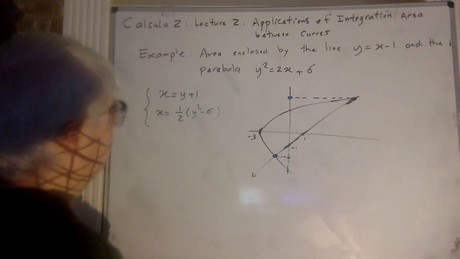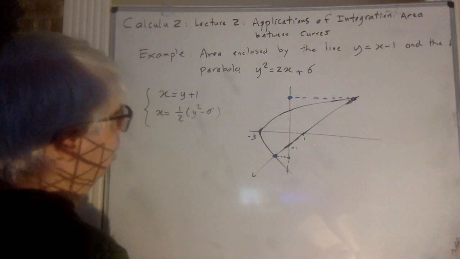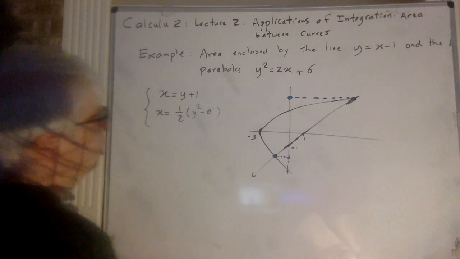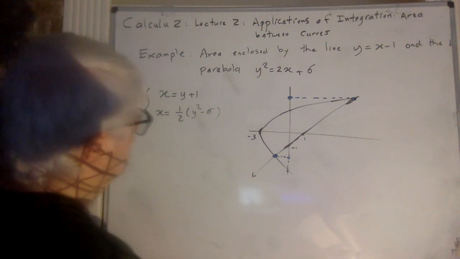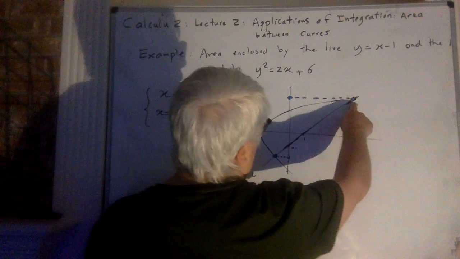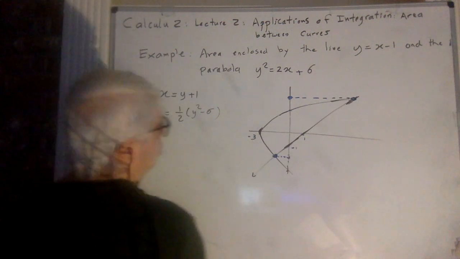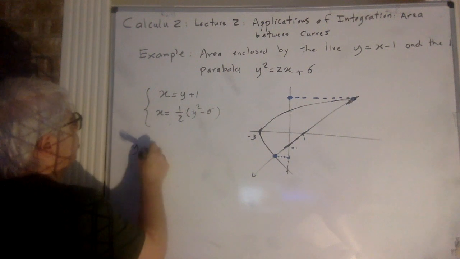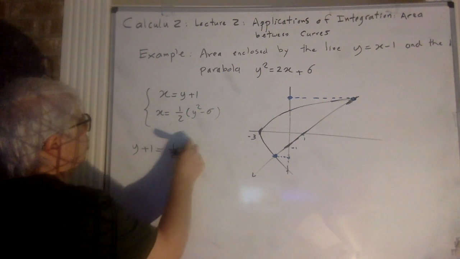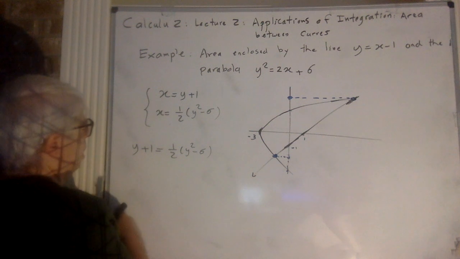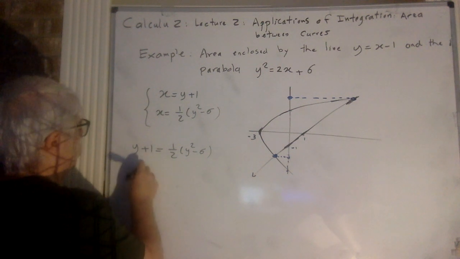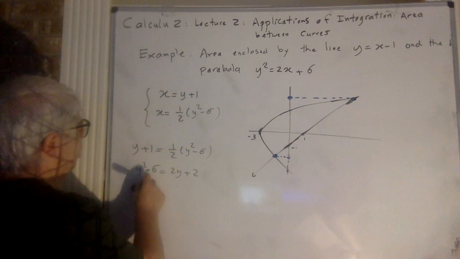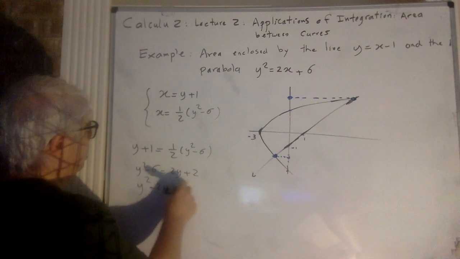So if I want to find those two, at these two points the x's are the same, right? I want to find the y coordinates, so let's set them equal. So I have y plus 1 equals 1/2 times y squared minus 6. Then I have y squared minus 6 equals 2y plus 2. So I have y squared minus 2y minus 8 equals 0.